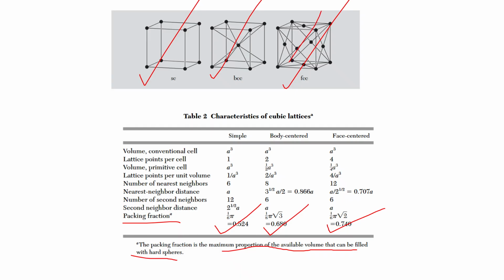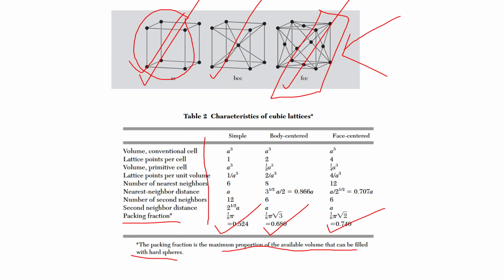In FCC we can see right away that the gaps are very few when compared to this. So to maintain this shape, nature would have to expend extra energy. So FCC, you can see some characteristics of these lattices. That's pretty much it.